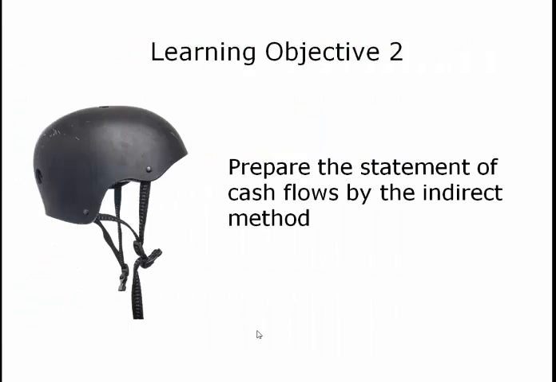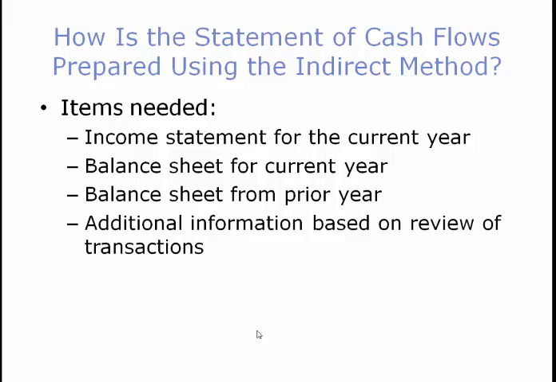So what do we need to do a statement of cash flows by the indirect method? We're going to need the income statement for the current year, and really we're picking up only two major things off of that. We're picking up the net income, and then the depreciation expense and what happened with that. We're also going to look at that to see if we had any gain or loss on the sale of assets, and we'll touch on that in a minute.